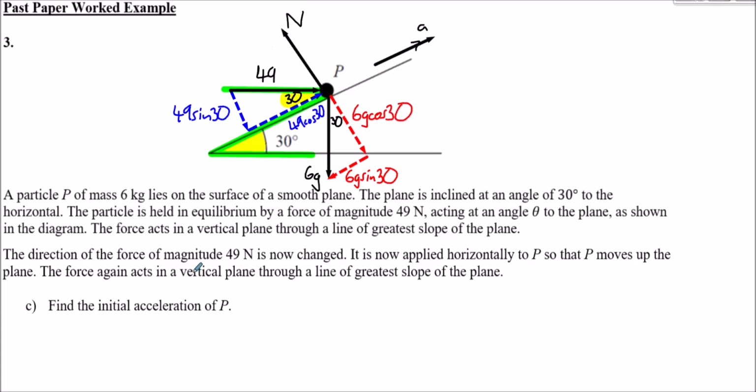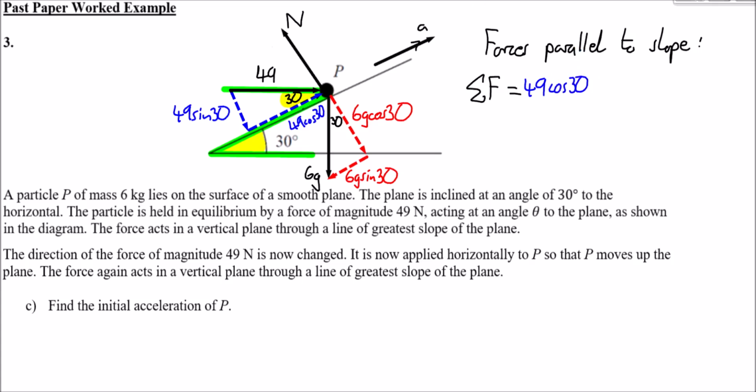So we now need to find the acceleration of P. The acceleration is going to be going up the plane and parallel to this slope. So let's just consider forces acting parallel to the slope. So the overall resultant force, the sum of the forces going up, that's going to be 49 cosine 30 acting up the slope.